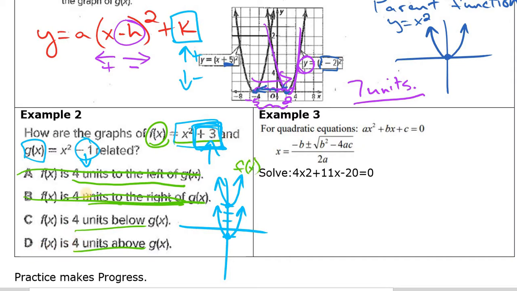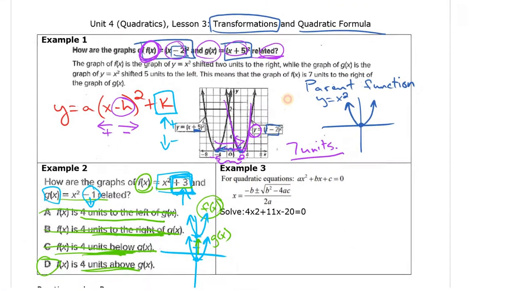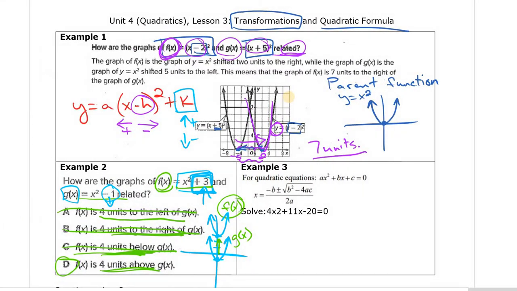And then the other one, minus 1, is the g of x. So this one says f of x, the top one, is 4 below. No, that's not correct. D is the correct answer. F of x is 4 above g of x. It's up. All right, so that is a review for transformations.